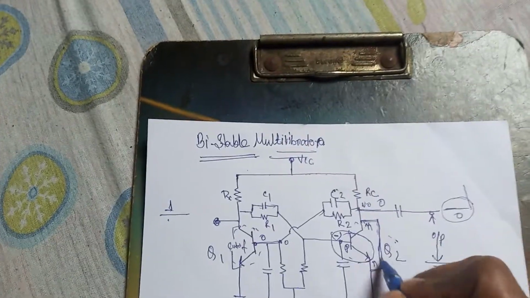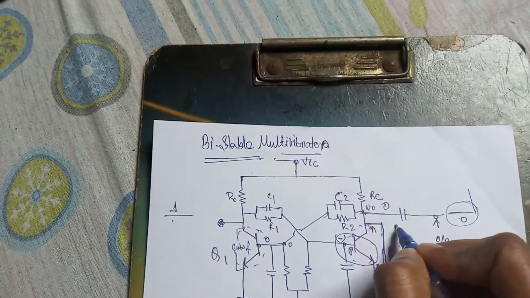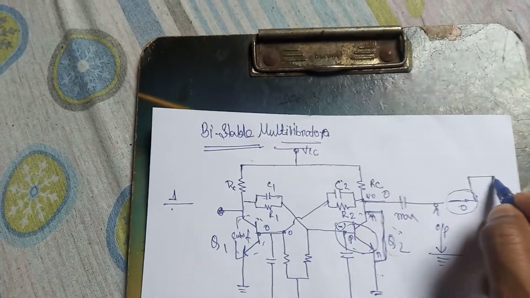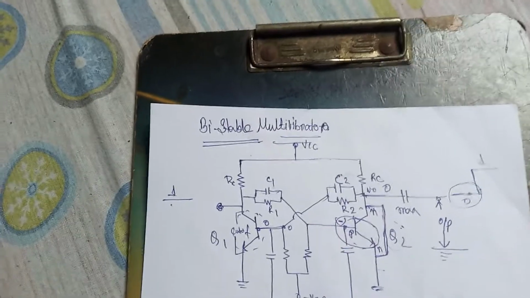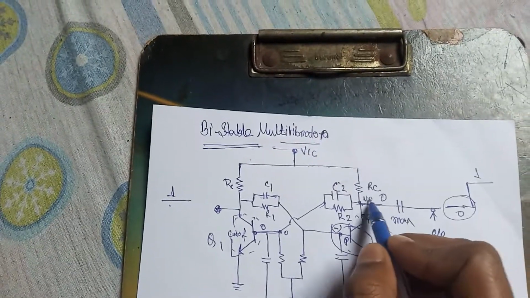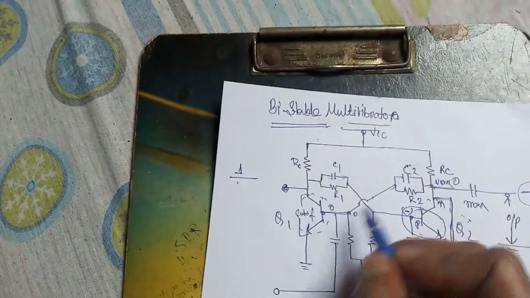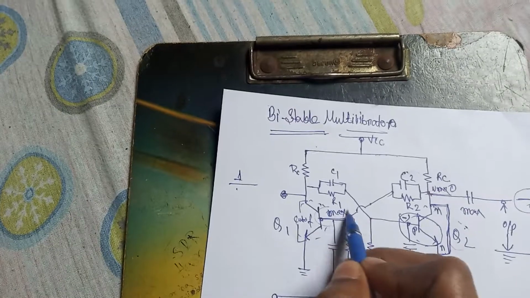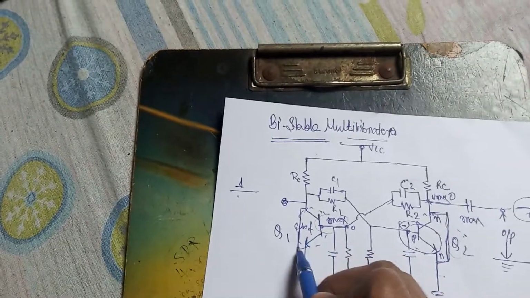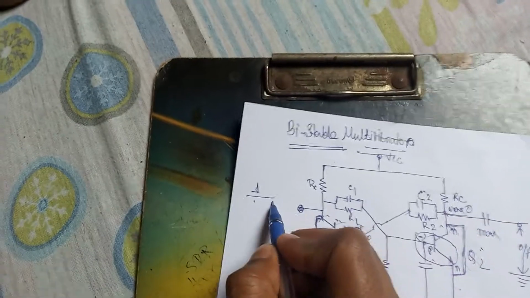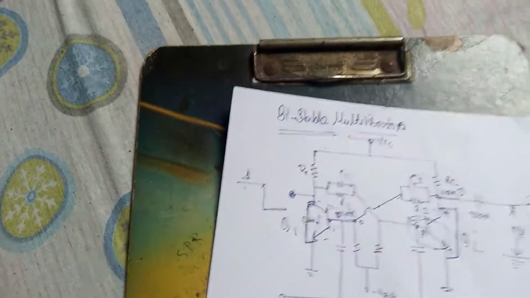Now if it is in the cutoff region, the output voltage will be maximum, and it goes from 0 to 1. But it will remain stable in this 1 state. Now the voltage here is maximum, so the voltage at the base of Q1 will also be maximum. Then Q1 goes into the saturation region, which means its output voltage will be 0.